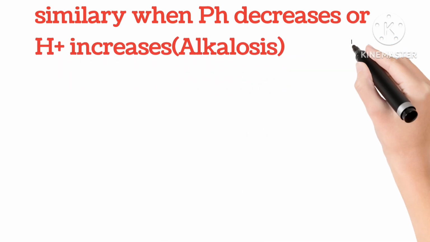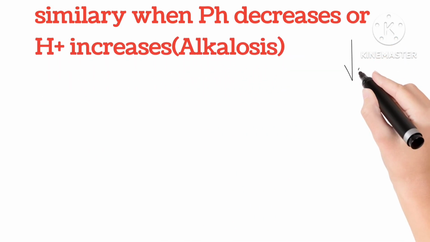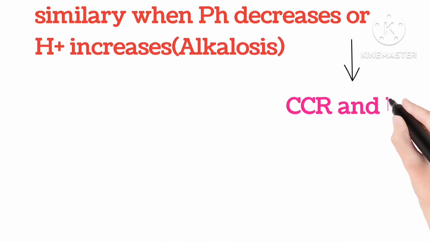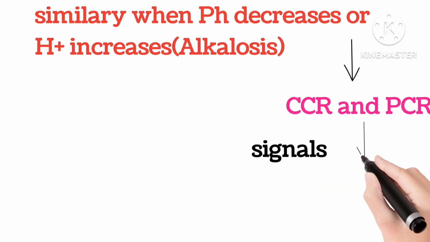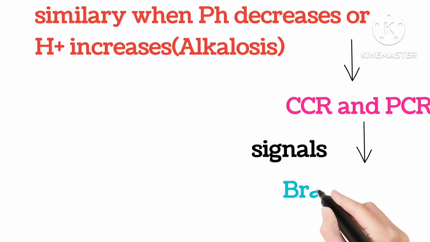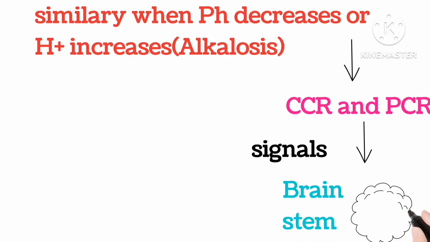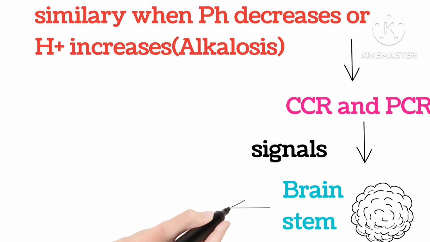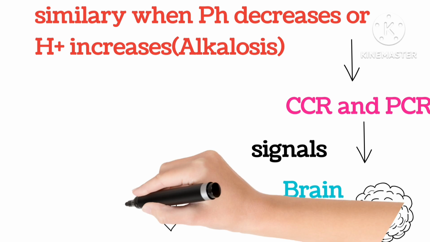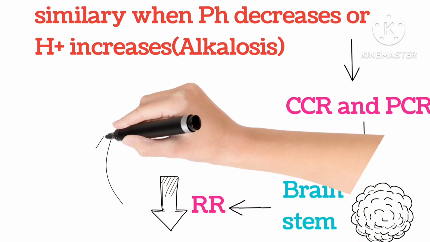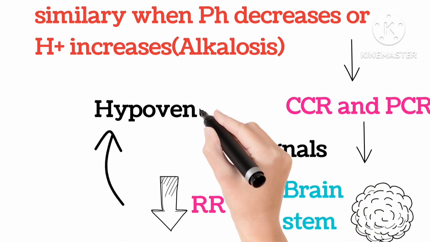Similarly, when pH increases or hydrogen ion decreases, a condition called alkalosis, this will again stimulate the central and peripheral chemoreceptors, which will again send a signal to the brainstem. Now, what will the brainstem do? The brainstem, after getting the signal, will decrease the respiratory rate of the body, and this condition is called hypoventilation.